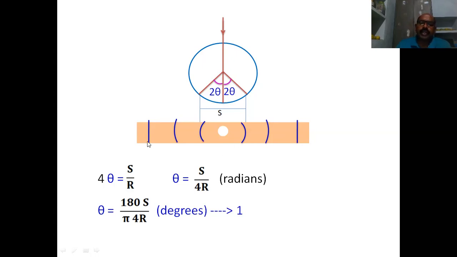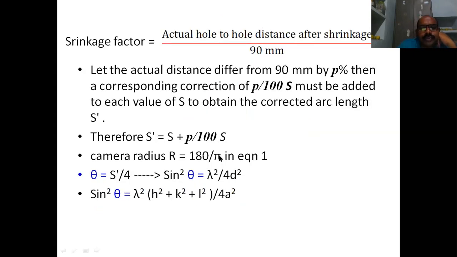Obviously there will be shrinkage in the film and hence the S value decreases. So we have to remove this correction, this shrinkage error.